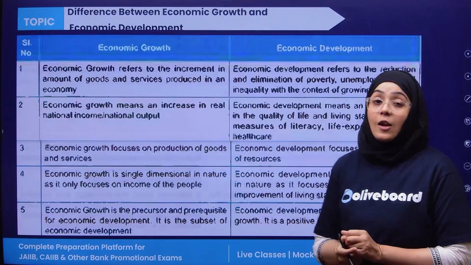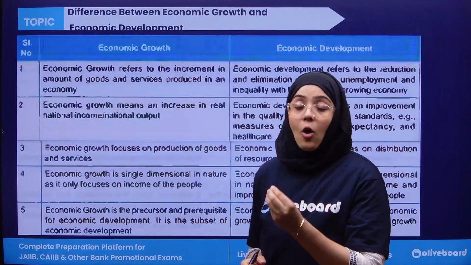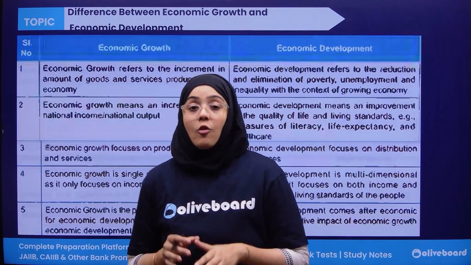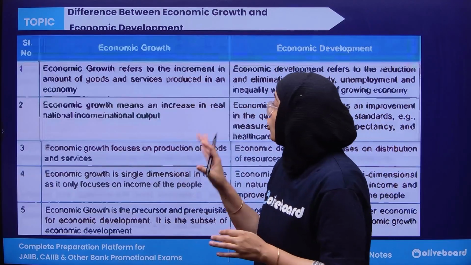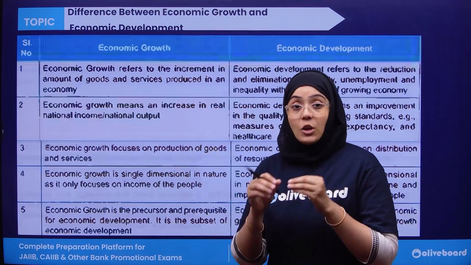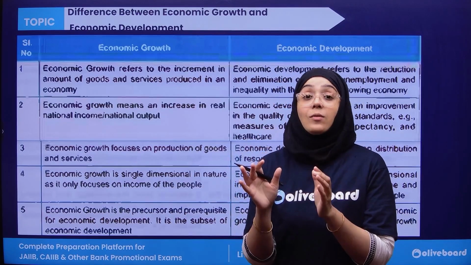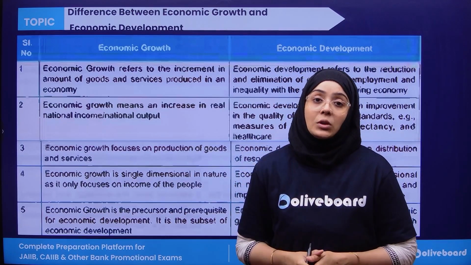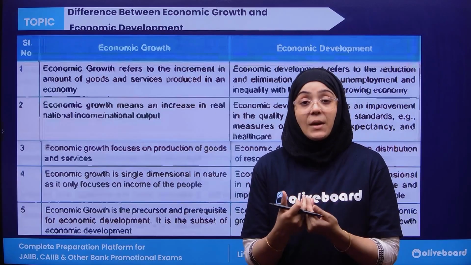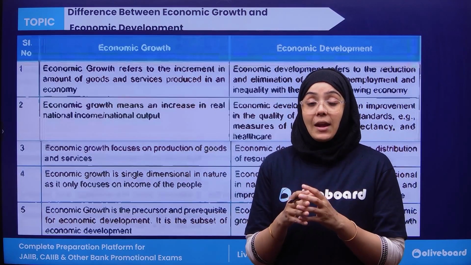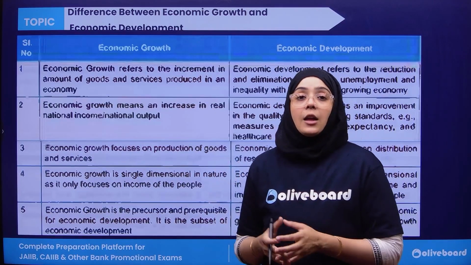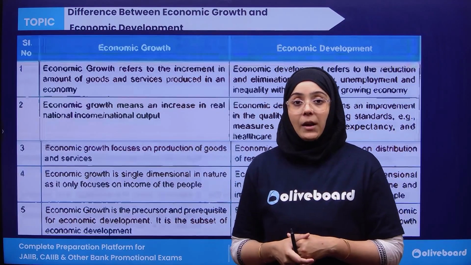Now, the last thing of this chapter is the difference between economic growth and development. Now, what is economic growth? Economic growth refers to when you are just measuring the increase in the production of goods and services, then it is called growth. Whereas development means you are increasing the living standard of the people.